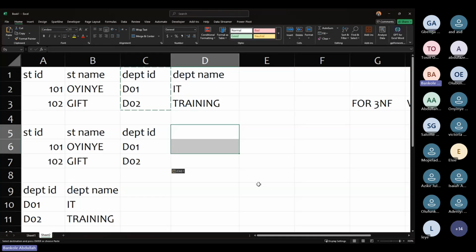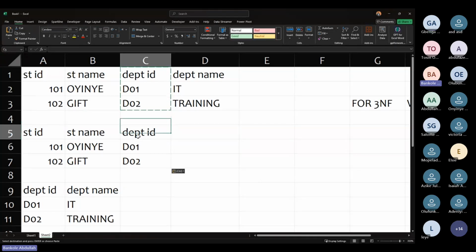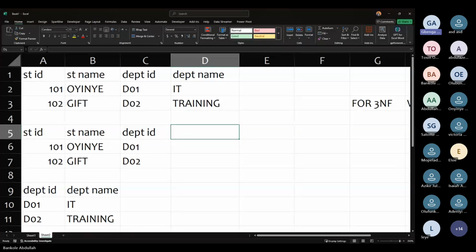So if this department ID is there for you to be a student, you must be in a department. Do you understand that analogy? It's correct, Onye. I understand it. It's correct.